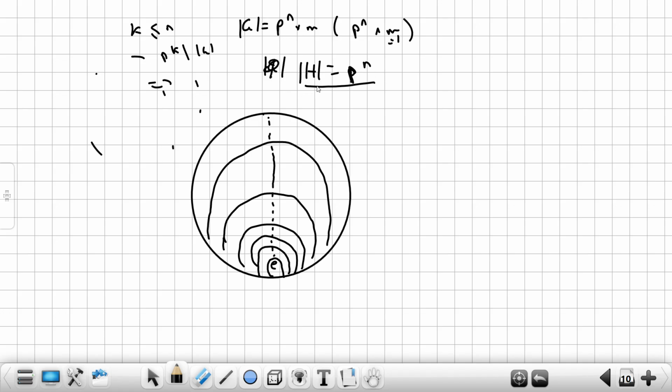Such groups are called Sylow p-subgroups of order p^n.